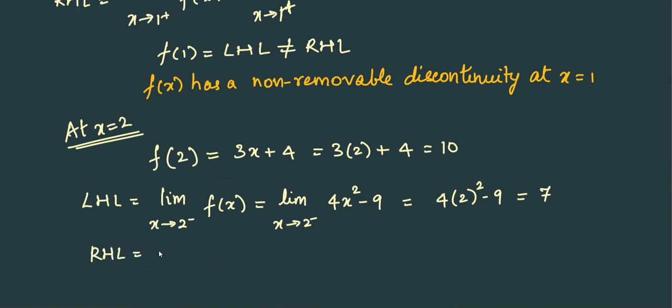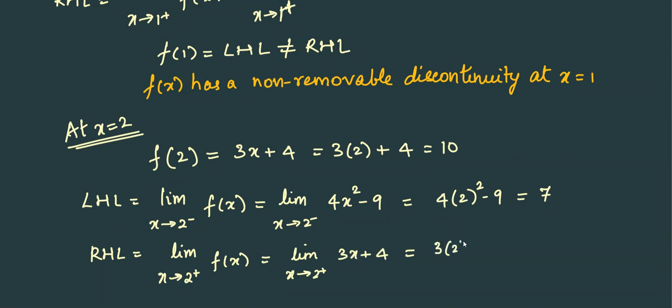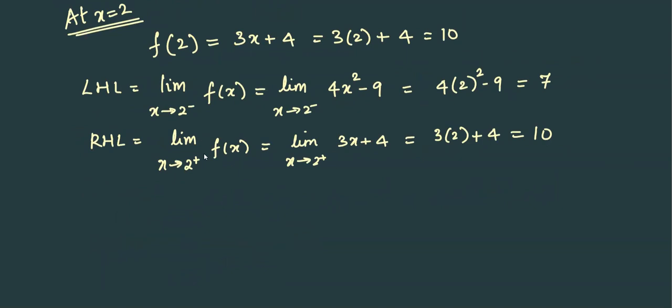Let's look at the right hand limit. Limit x tends to 2 plus, this function would be 3x plus 4, which is 10. So at x equal to 2, f of 2 will be equal to the right hand limit but not equal to the left hand limit, and this is a non-removable discontinuity at x equal to 2. Good. So here, left hand limit is not equal to right hand limit, but right hand limit is equal to the function value.